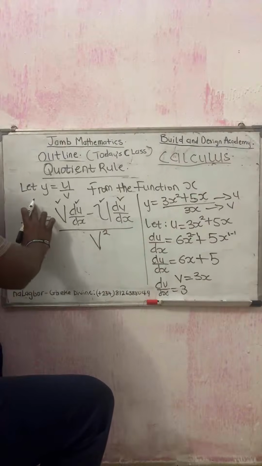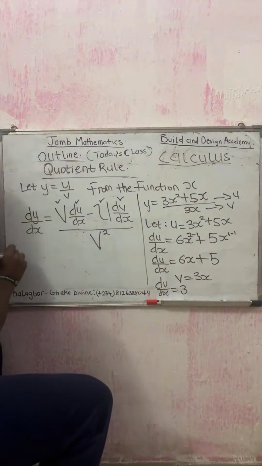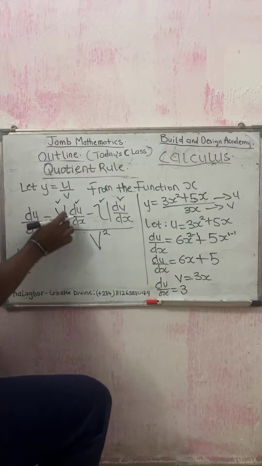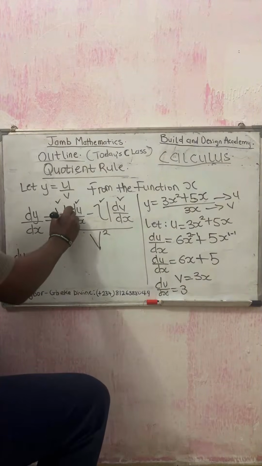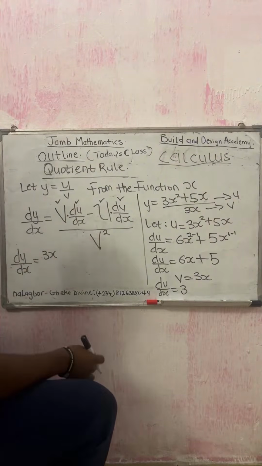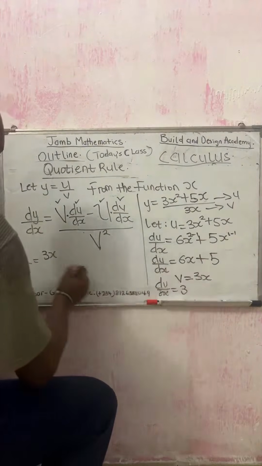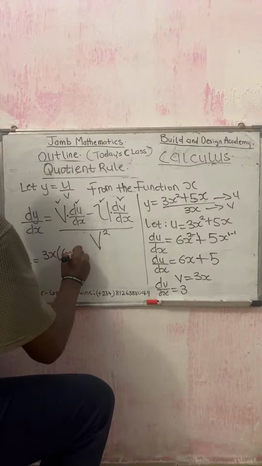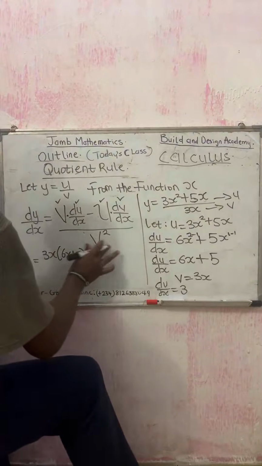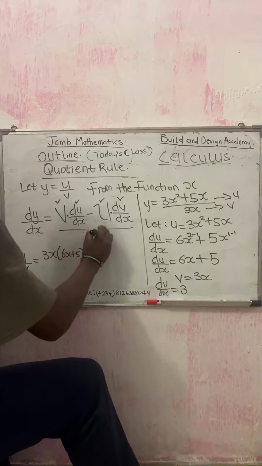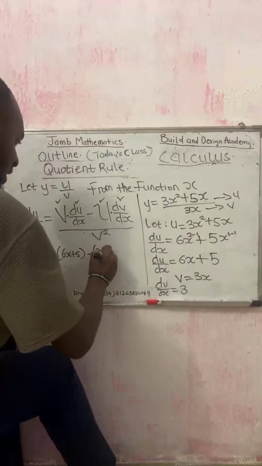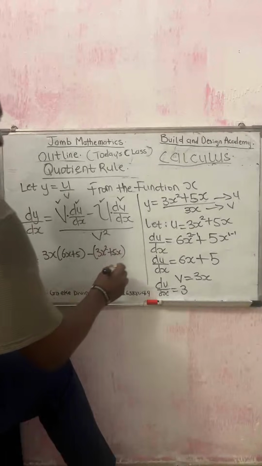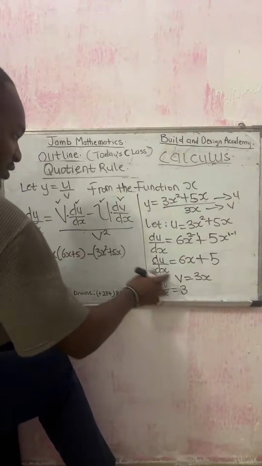We simply substitute to get the value of dy over dx. So dy over dx will be equal to, now v is 3x, so we have 3x times du over dx, which is 6x plus 5, minus u, which is 3x squared plus 5x, into dv over dx, which is 3.